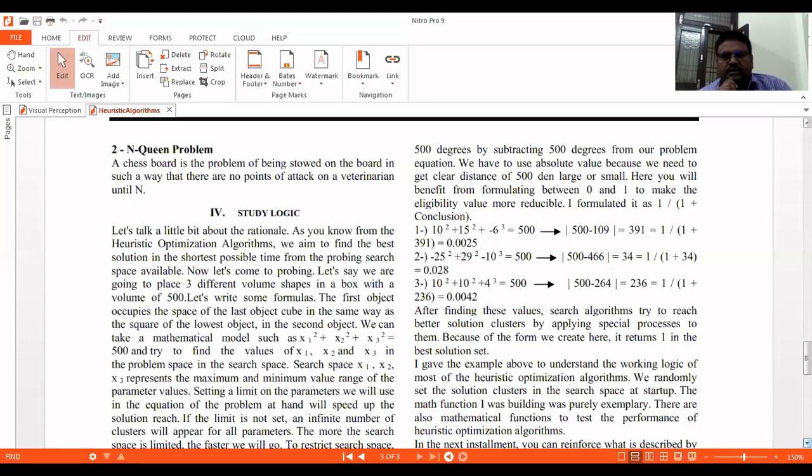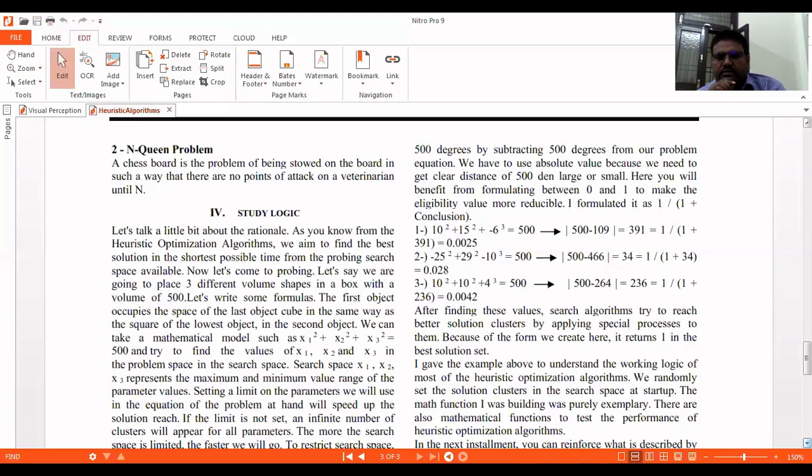I gave the example above to understand the working logic of most heuristic optimization algorithms. We randomly set the solution set in the search space at startup. The math function I was using was purely exemplary.